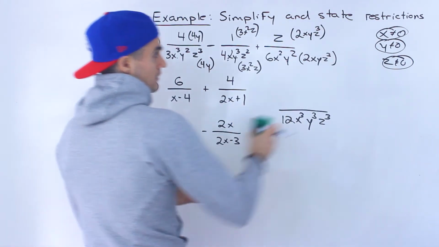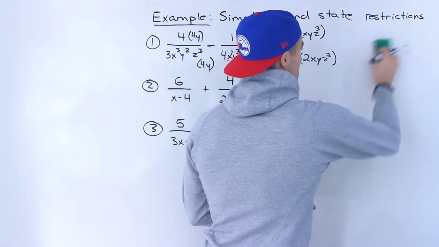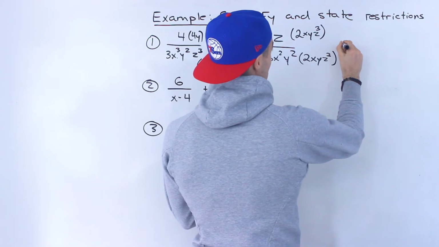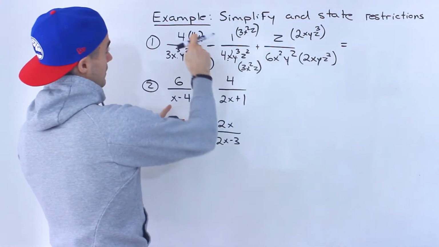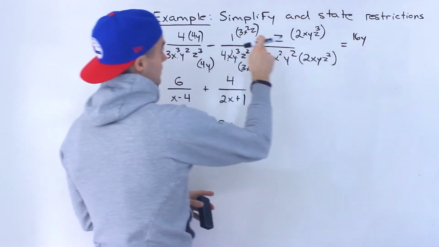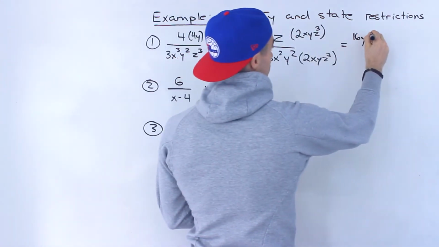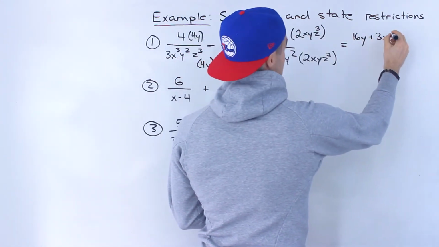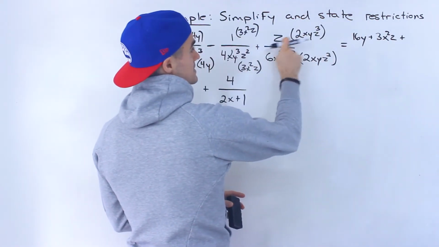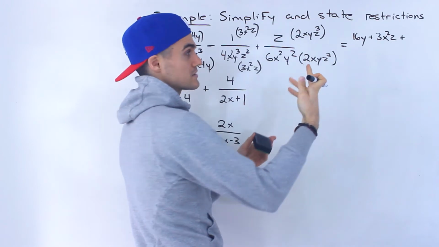Okay, so from here, these are the three restrictions. I'm going to erase these. I'm going to combine this into one. So what's going to happen here, this times that is 16y. This times that plus 3x squared z. Plus this times that, the z's would multiply and it would become z to the 4 up top.